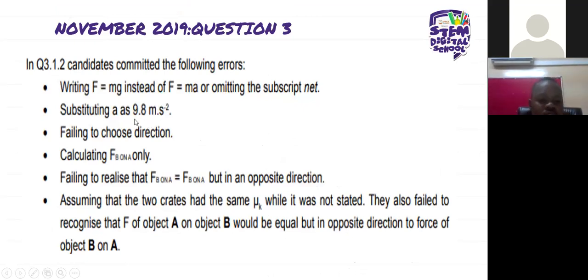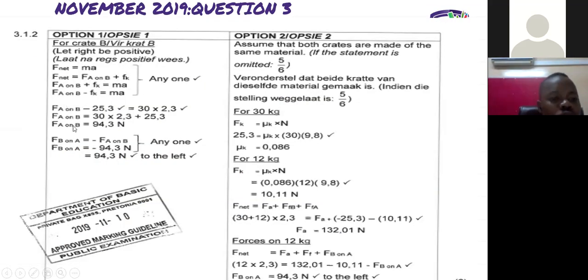Are we together? And your object is actually not what we call a projectile, so it's not accelerating at 9.8 meters per second squared. Again, learners do not choose direction. You are dealing with a vector. Net force is a vector, so you need to give us direction. So the forces that are acting to the right, if we choose them as positive, then we will substitute those forces as positive values.